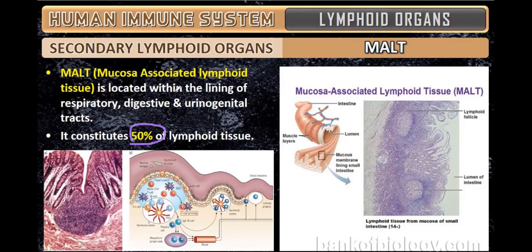Where will you find it? In the lining, meaning the layer, of the respiratory, digestive, and urogenital tract. Suppose this is a tract. Here there will be mucosa, the membrane lining the small intestine, and here there are lymphoid follicles.